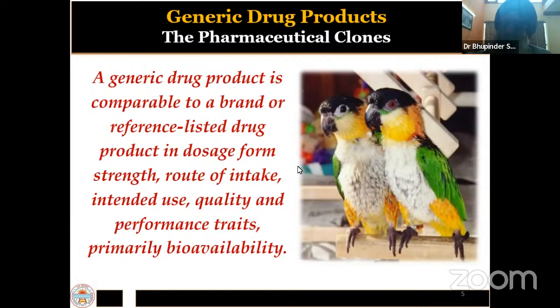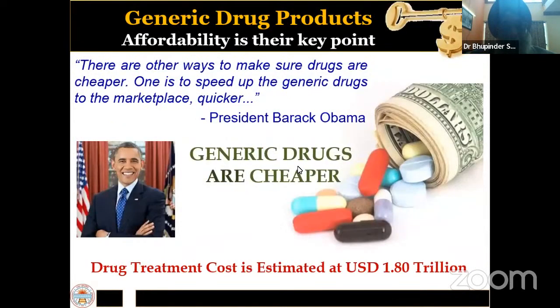And it has to be identical to the reference listed product in strength, in route of intake, in intended use, in quality, and most importantly in its access to the systemic circulation, that's bioavailability.